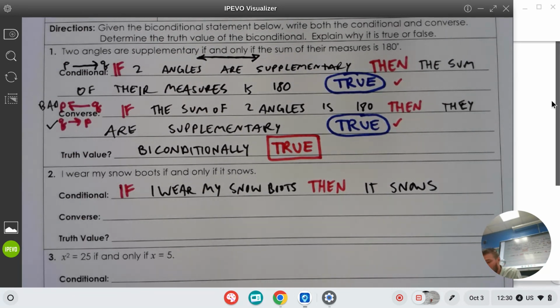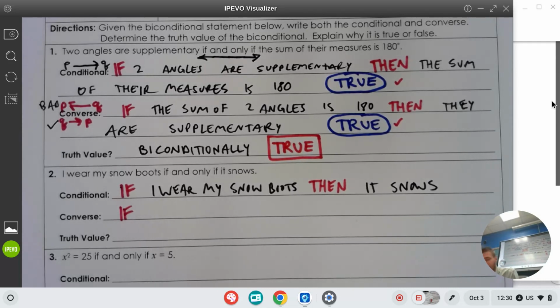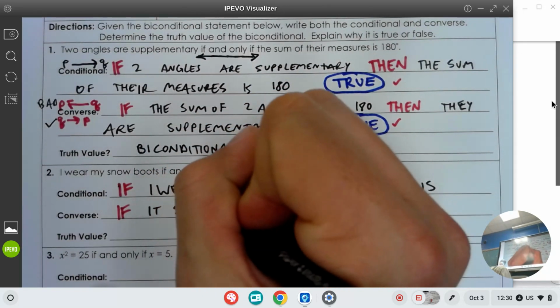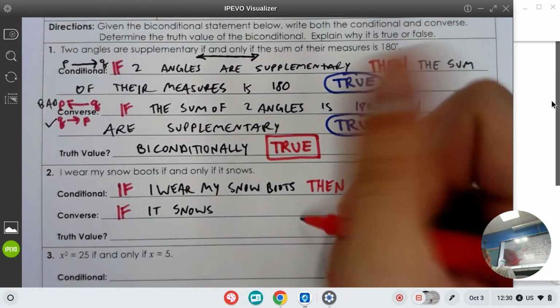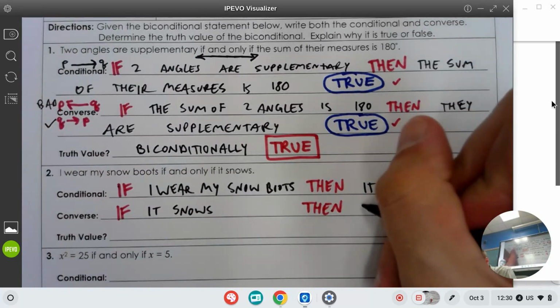Then we just flip the order, right? Conversely, put the second part first. If it snows, then I wear my boots.